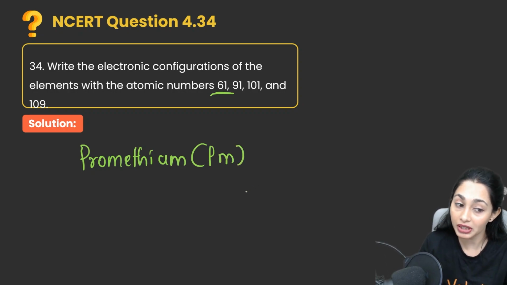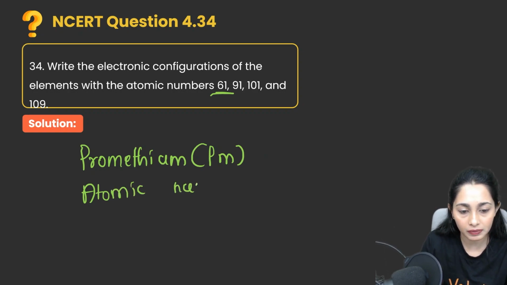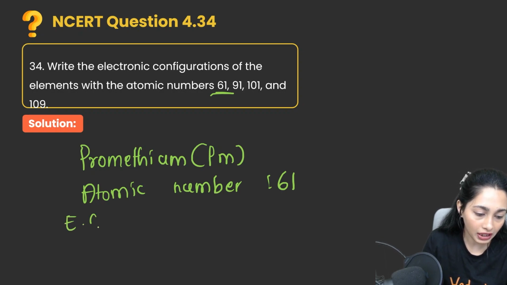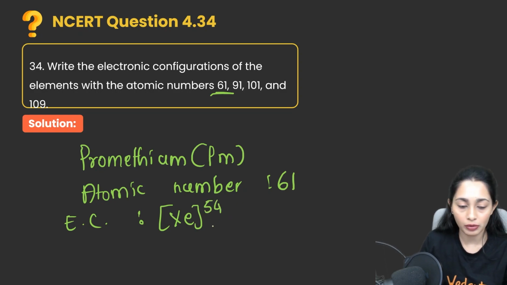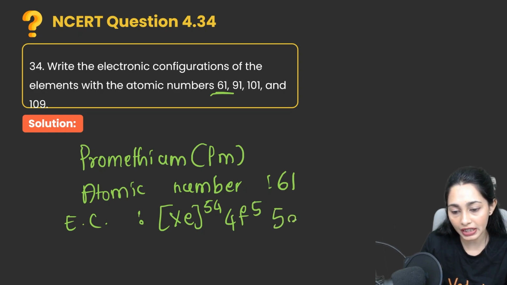Let's write xenon, whose atomic number is 54, followed by 4f5, 5d0, 6s2. This is the electronic configuration of promethium.